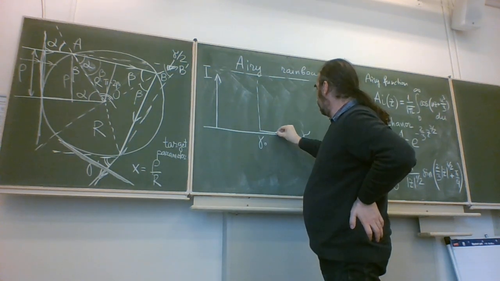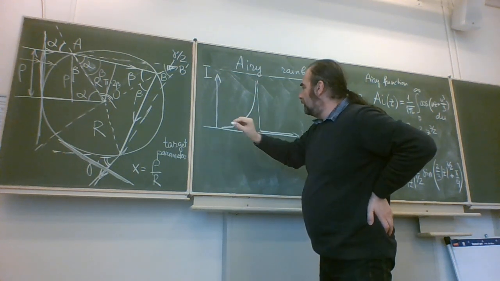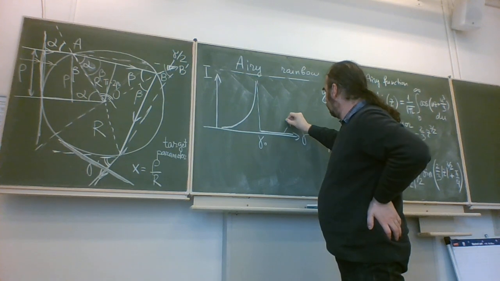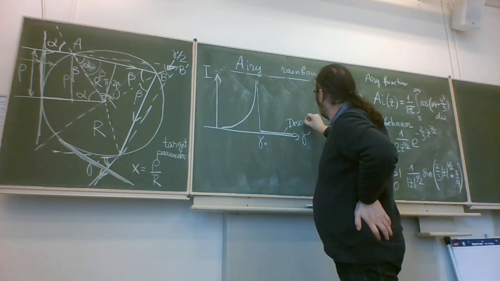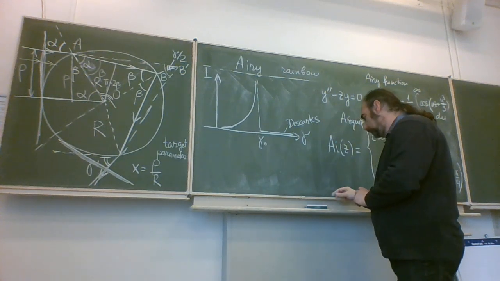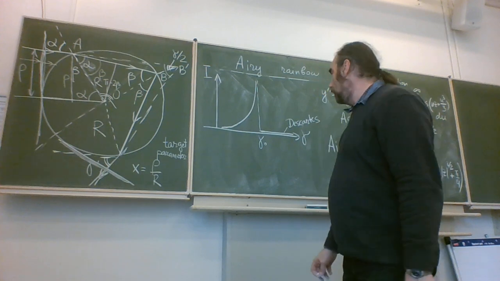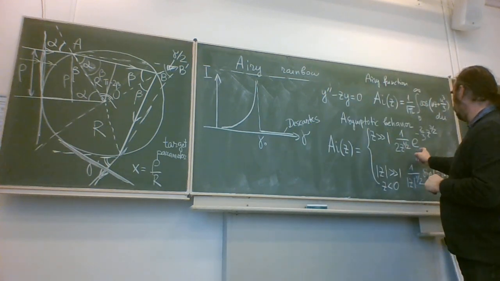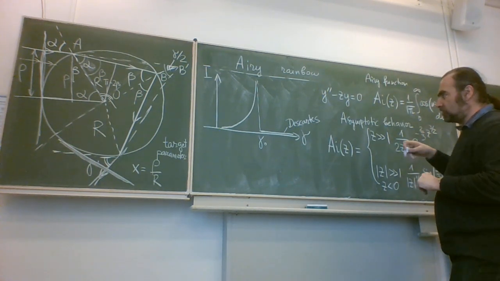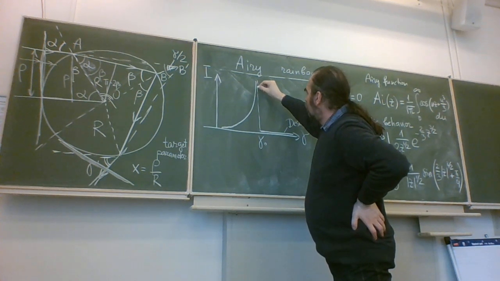And here the intensity was 0, and here it was decreasing. So that's Descartes. Now for the Airy rainbow, first of all, from here we see that we have exponential decay. So we don't have a singularity.